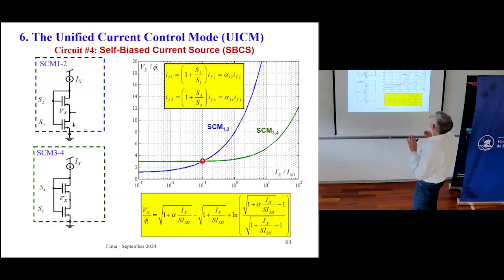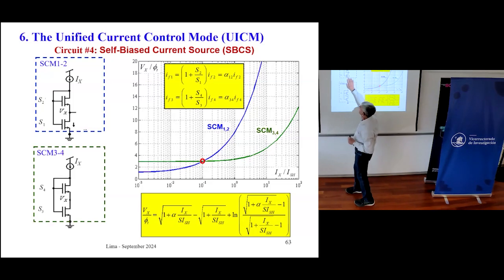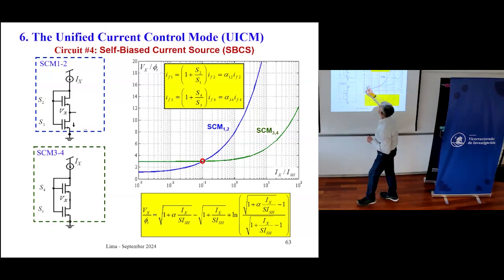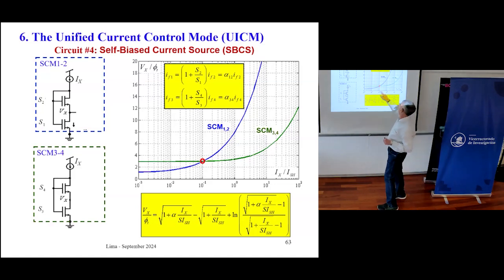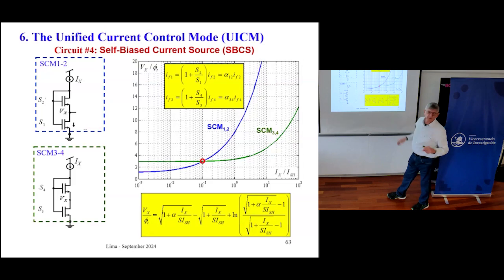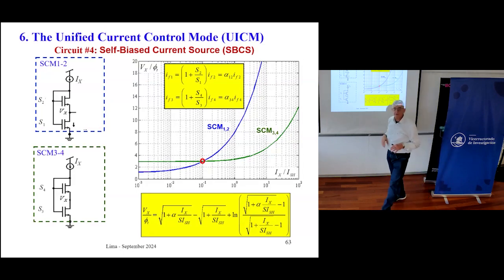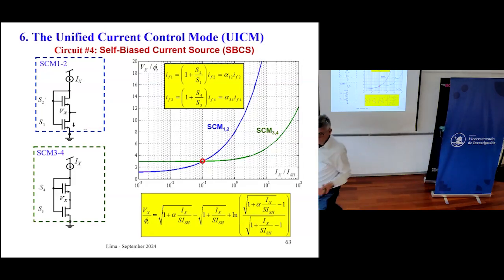I'm going to show why they must be different. And now I have two different curves. The first one, this blue one, is for this circuit here. This is a plot of Vx normalized to phi t versus Ix normalized to some factor here, which is the chip specific current. The normalization current is not important.